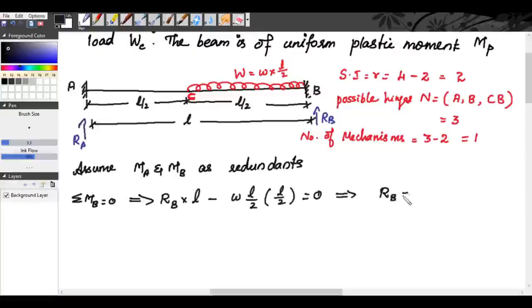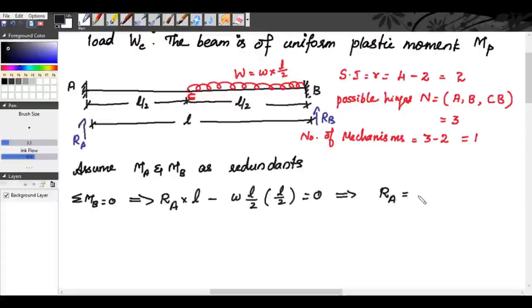RB is equal to, sorry, not RB, RA. So here also it is RA. RA into L minus this W into L by 2 into L by 2.